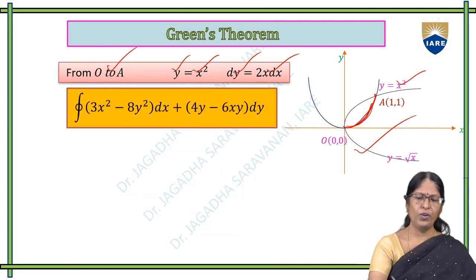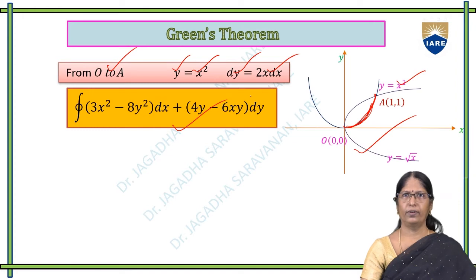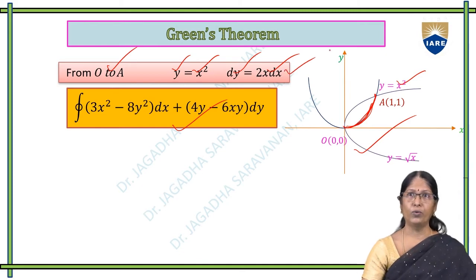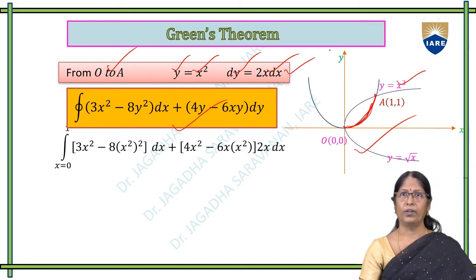Now we know our function, the given problem function for the closed curve: (3x square minus 8y square) dx plus (4y minus 6xy) dy, in which we are going to substitute these values. The substitution is here.